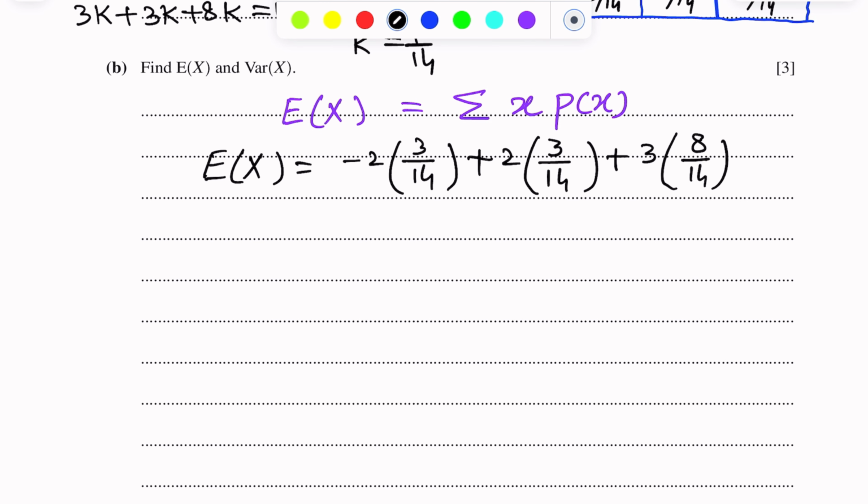Simplifying, after simplifying, we get expected value of x, that is 24 over 14.